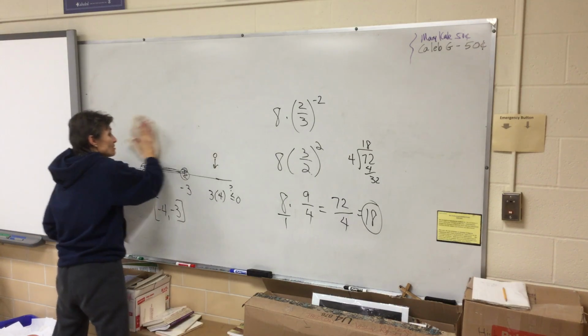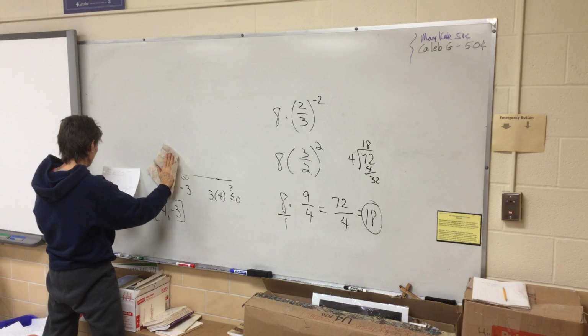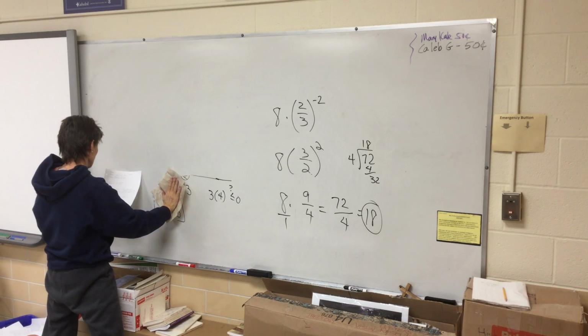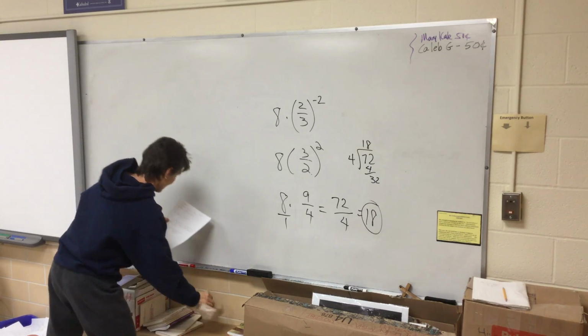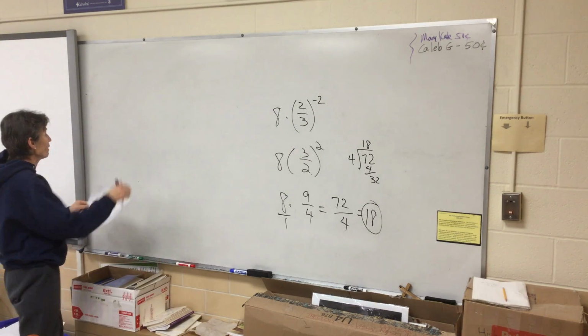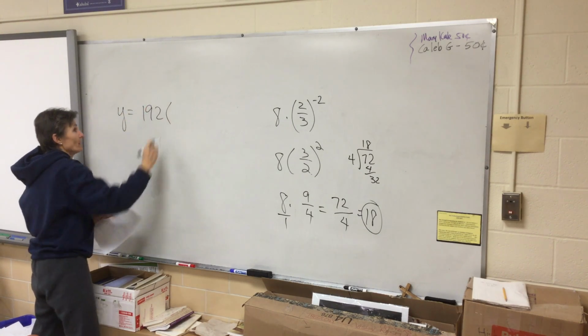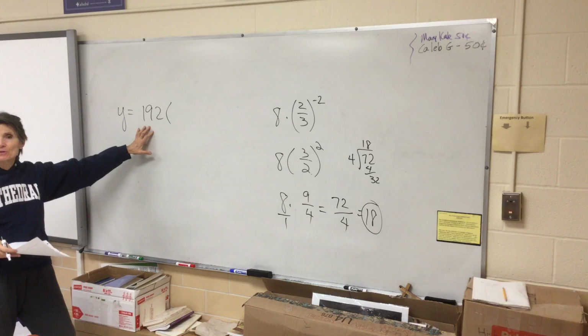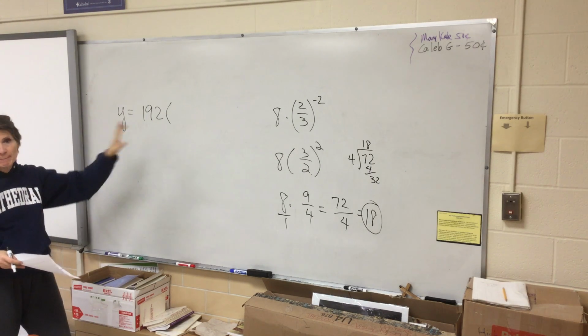Now we're going to write an exponential that represents an initial value of 192 and decreasing 12% per day. So my initial value is 192. Kids, don't make that confusing. A is always the initial value. A is the starting point.